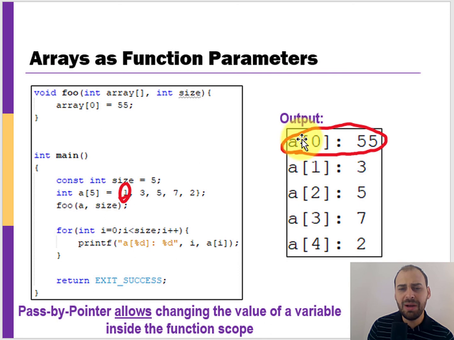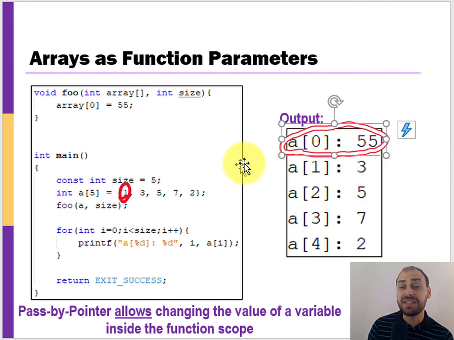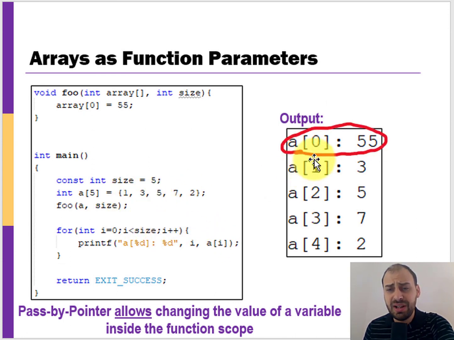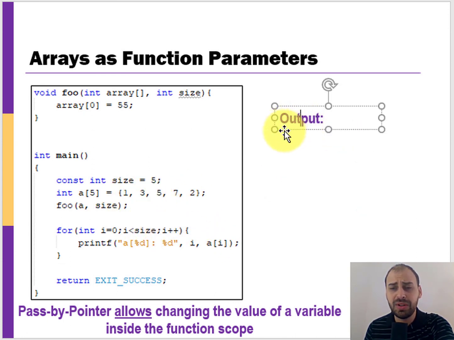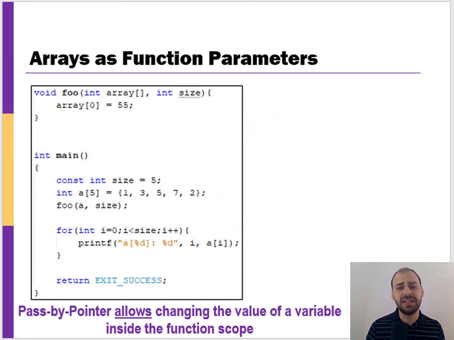Why would that output here, outside of that function scope, change to 55? So that's confusing, and it's very important to understand what pass by pointer means to understand why we are getting that. So let's draw it. We've got our main function scope.